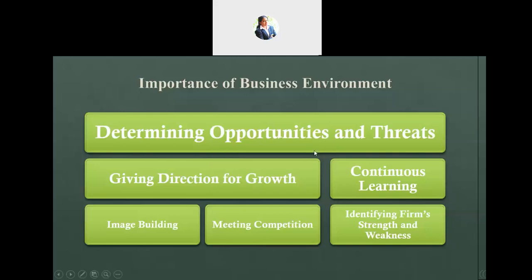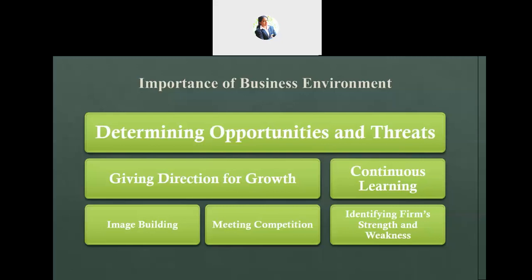And the next one is giving direction for growth. The interaction that we have with our environment would definitely lead to opening up new frontiers of growth for our business organization. It enables our business organization to identify the areas for growth and also for expansion activities.